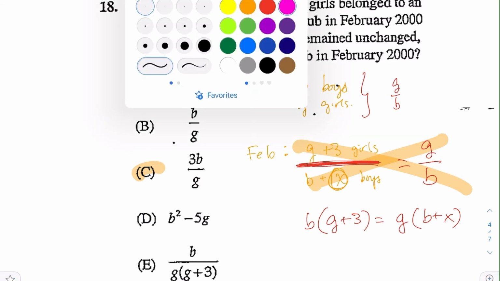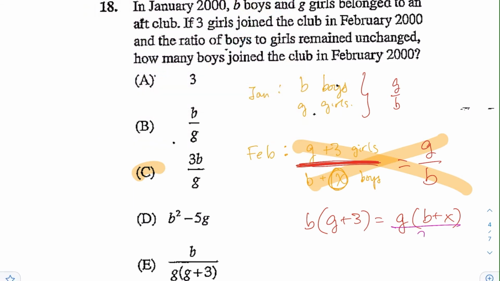So what you can do here is just do inverse operations to solve for X. You can divide by G on both sides.